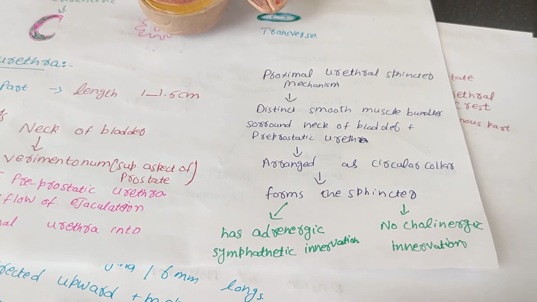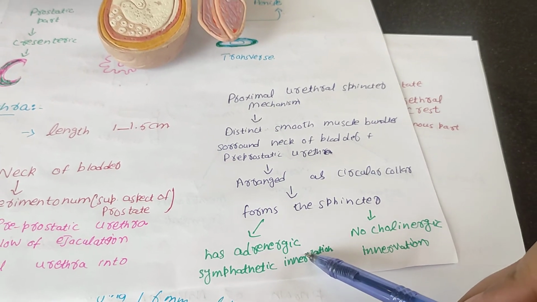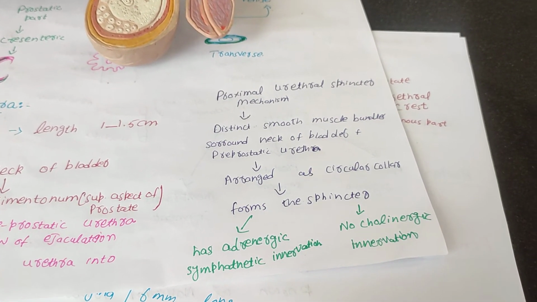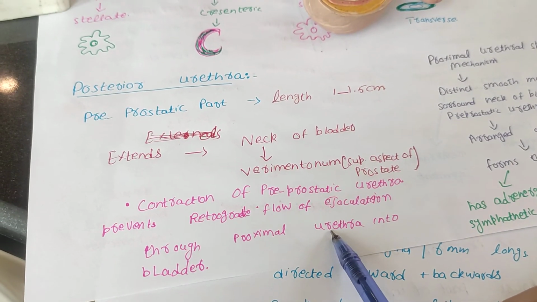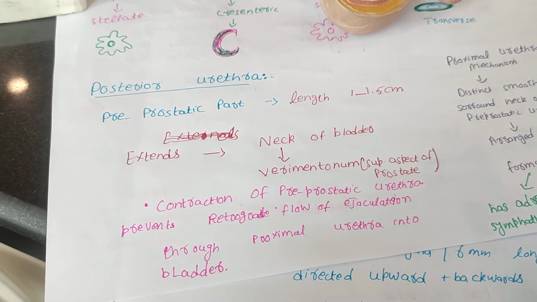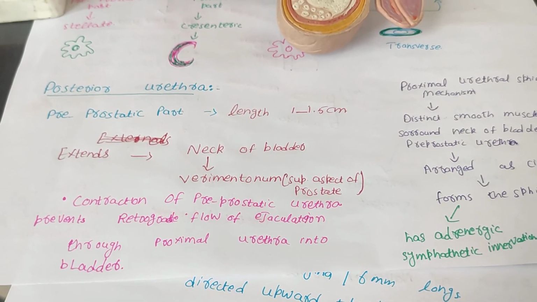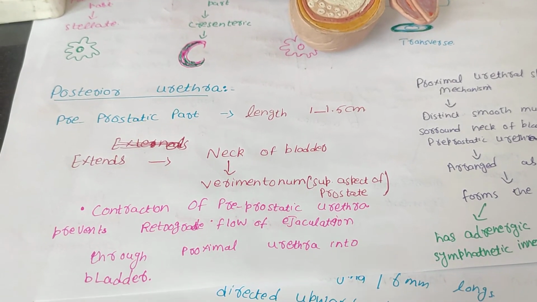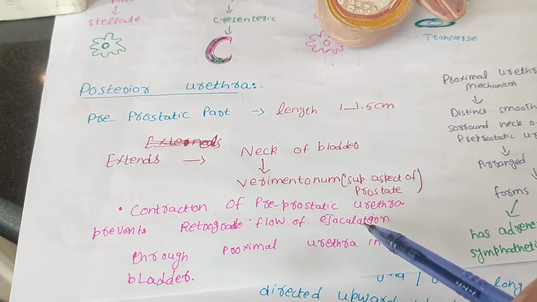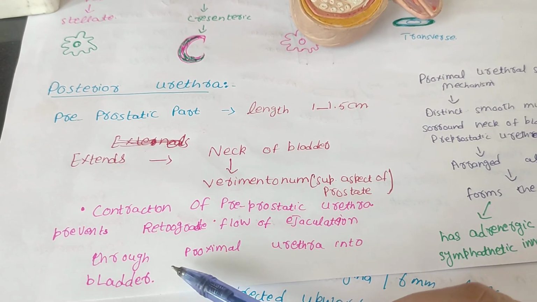How? It will prevent the parasympathetic fibers and only activate the sympathetic fibers, and prevent the flow of ejaculate through the proximal urethra into the bladder. What happens if this urethral sphincter remains open? When the person ejaculates the semen or sperms, that flow will automatically go through the urethral sphincter into the bladder.